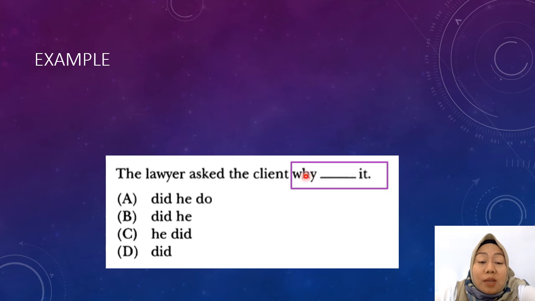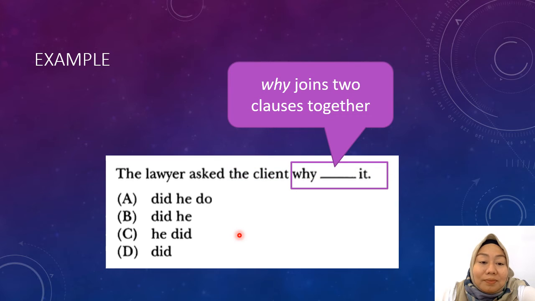So after why, we should have subject and then followed by verb. So the answer is why he did it. Why he did it, because why here joins the clauses together.